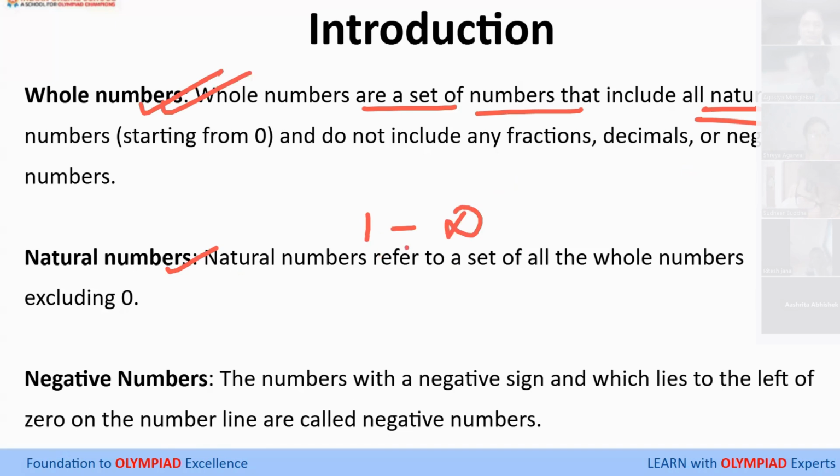So the first number is 1 to that infinite. That's the set of natural numbers. The moment I add 0 to this set of natural numbers, it becomes whole numbers.